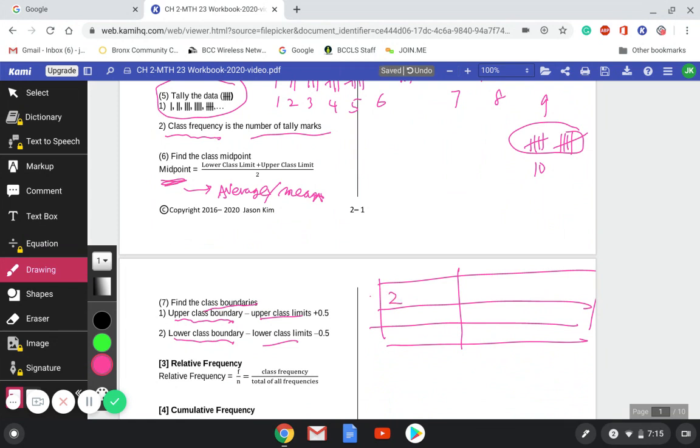And then let's say the class width was 5. Then 2 plus 5 is 7, which would be the first number of the next class, so this is the low limit.